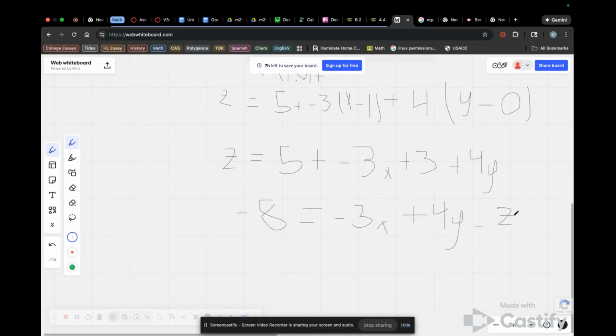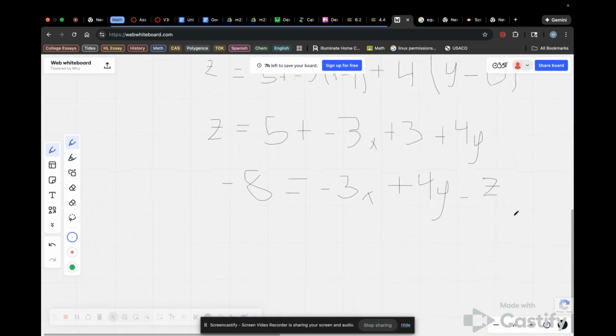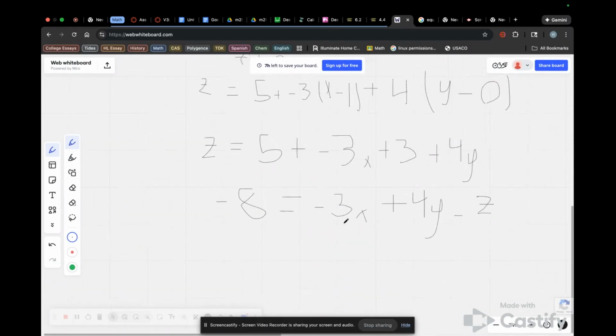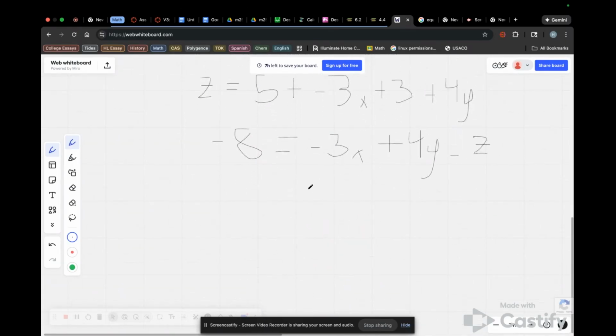Okay, boom. This gets us the direction for our normal vector, which would be (-3, 4, -1).